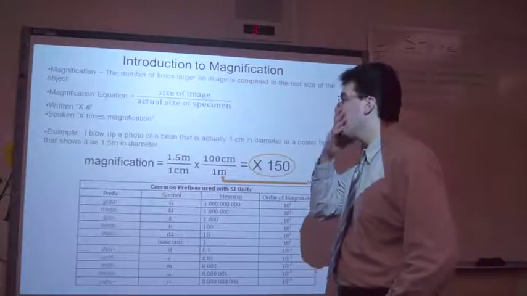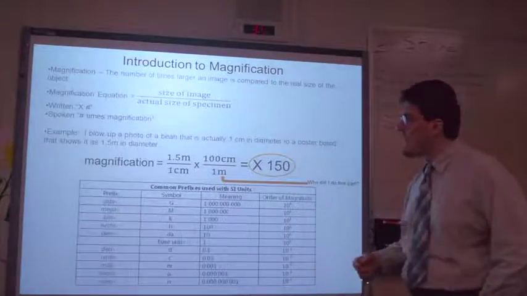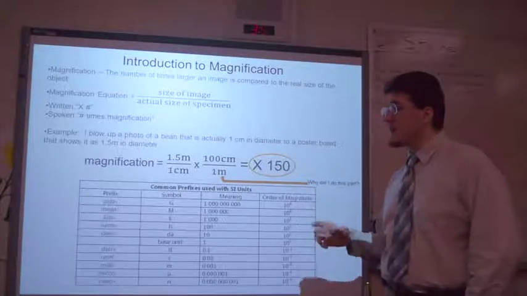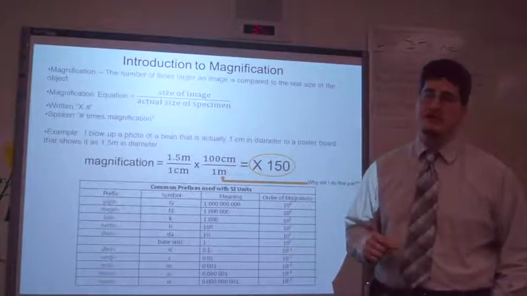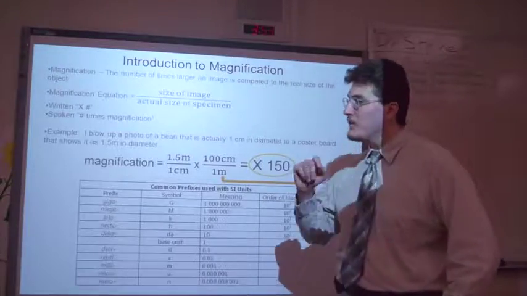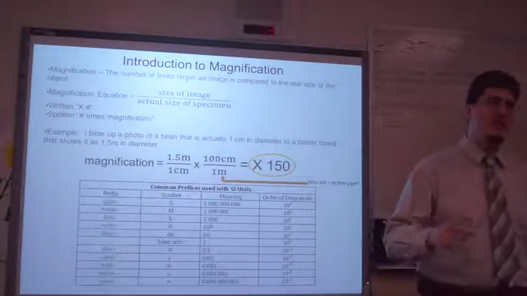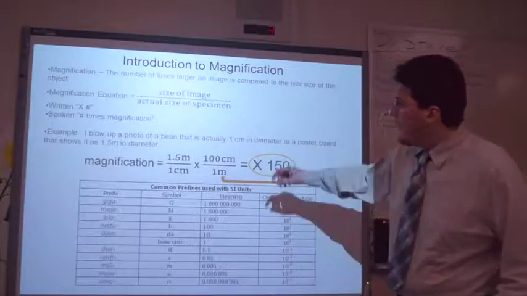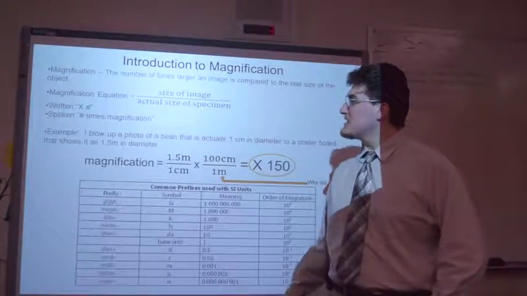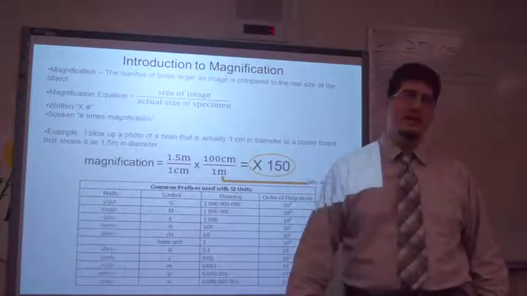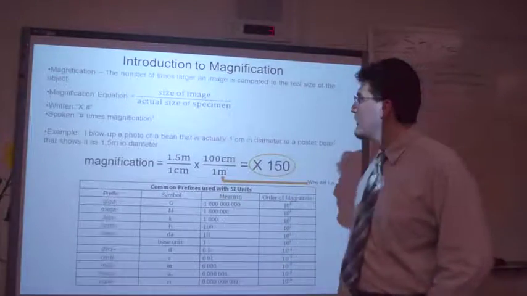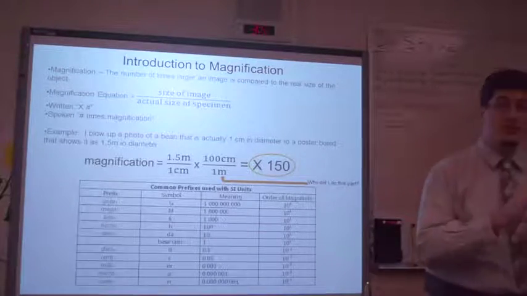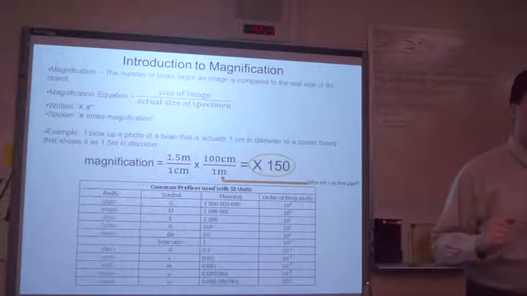So, let's say that there is a beam that I blow up to the size of 1.5 meters, and that beam itself is 1 centimeter. And I want to know the magnification of my image. The actual size of the specimen is 1 centimeter in diameter, the beam. And the image size is 1.5 meters, measured along the same diameter.